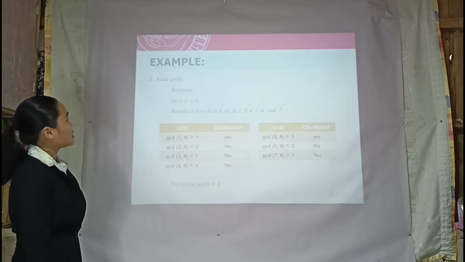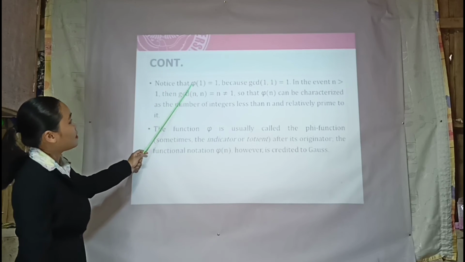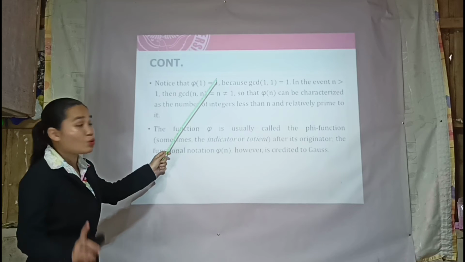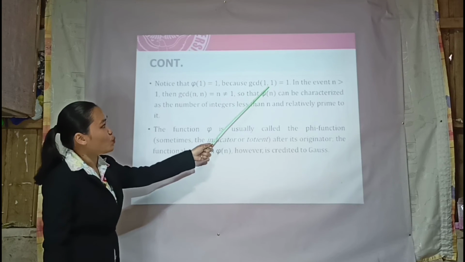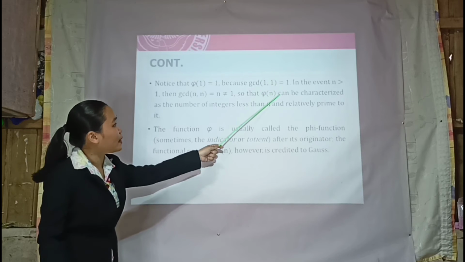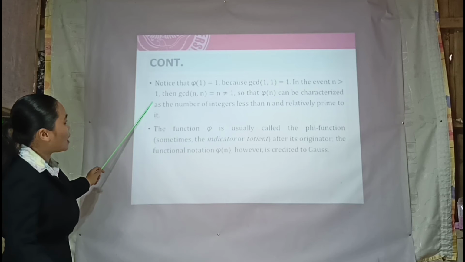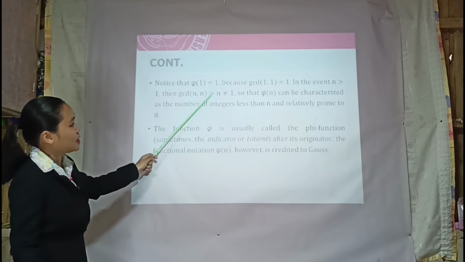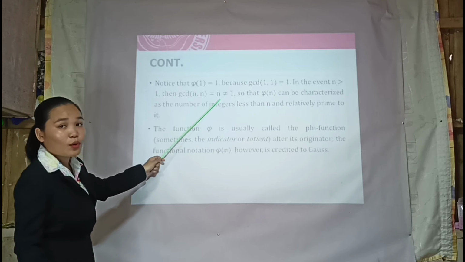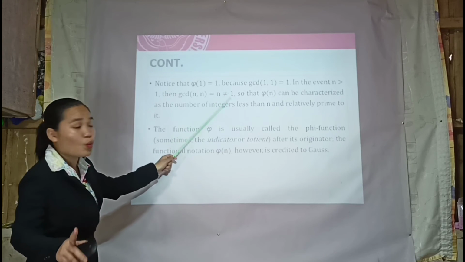Okay, let's proceed. Notice that phi of 1 is equal to 1 because the GCD of 1 and 1 is equal to 1. In the event n is greater than 1, then the GCD of n and n is equal to n, which is not equal to 1.